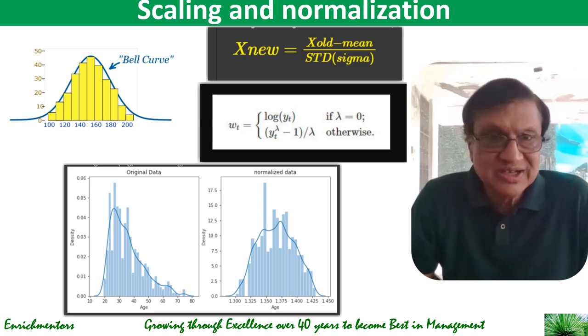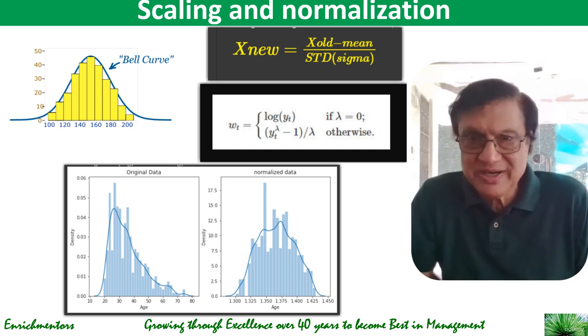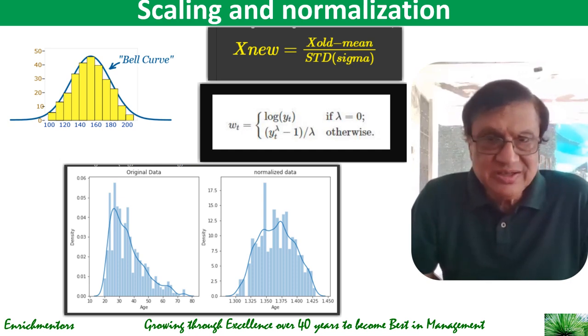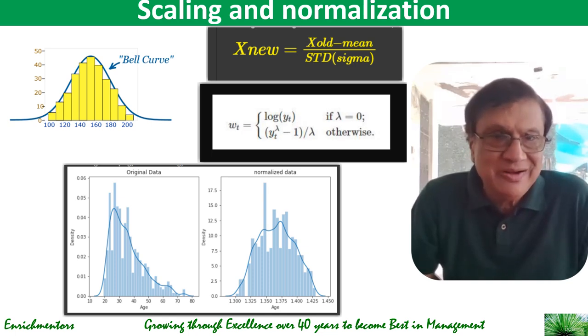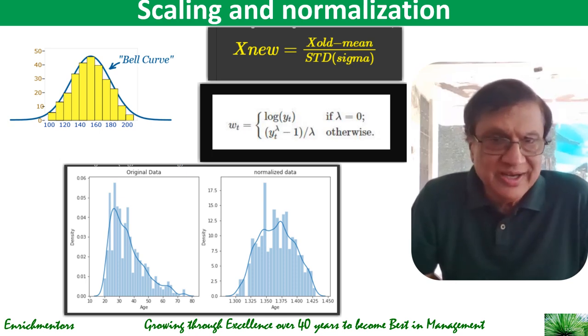That is normalizing the data. X new is equal to X old minus mean, divided by sigma. Then there is another advanced technique called the Box-Cox transformation, which is a transformation of a non-normal dependent variable into a normal shape. So the Box-Cox transformation is used to convert a non-normal distribution to a normal distribution.